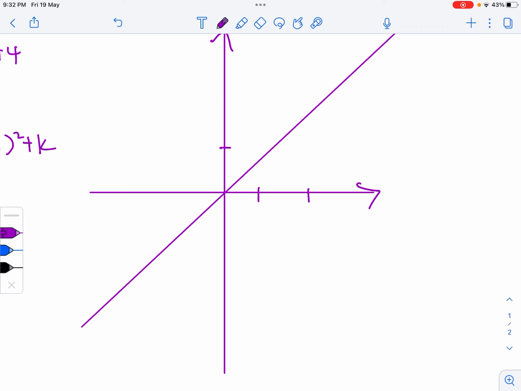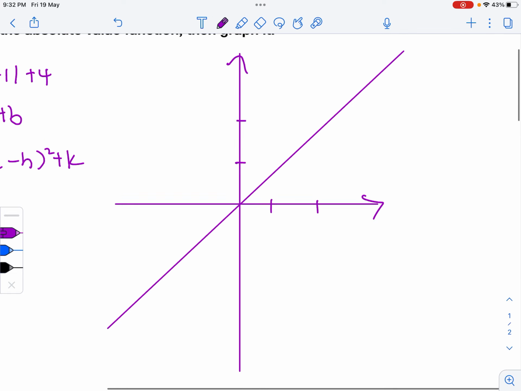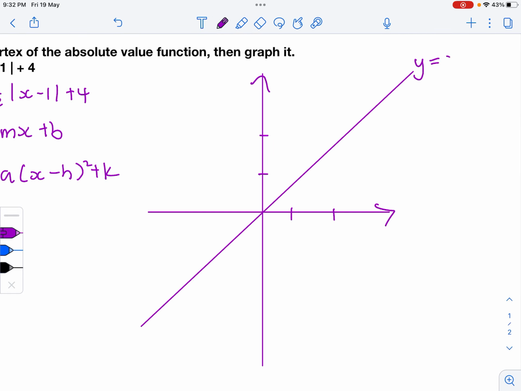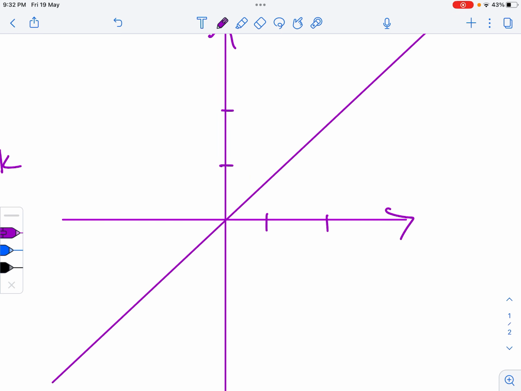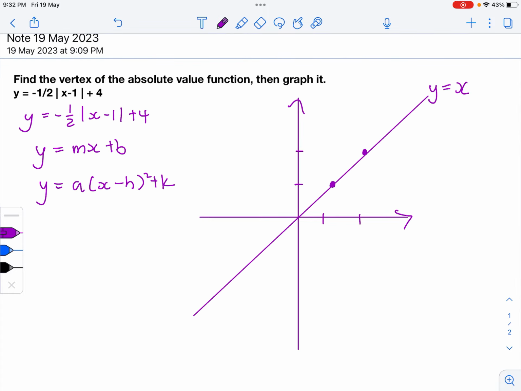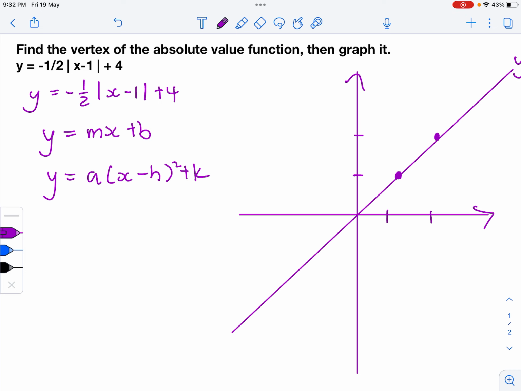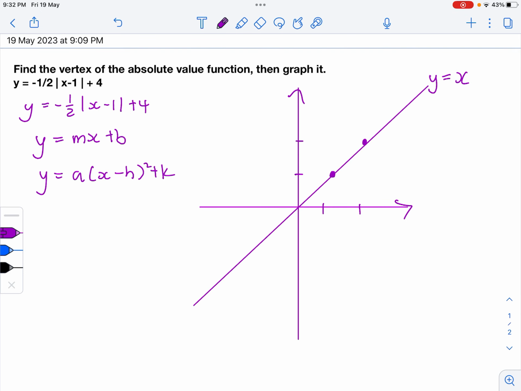If this line is y equals x, when x is equal to 1, y is equal to 1, as shown here. It may not be the most accurate, but if x is equal to 2, y is also equal to 2, like this. I'm sorry it's not as accurate, but I hope you understand what I meant. So this is y equals x.